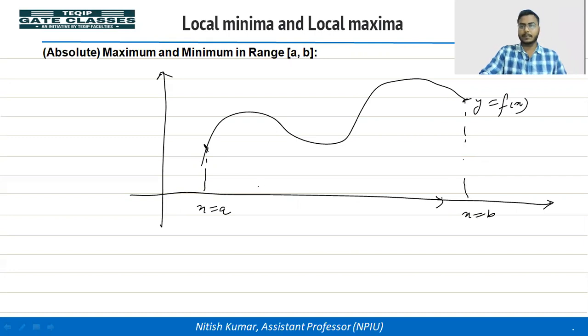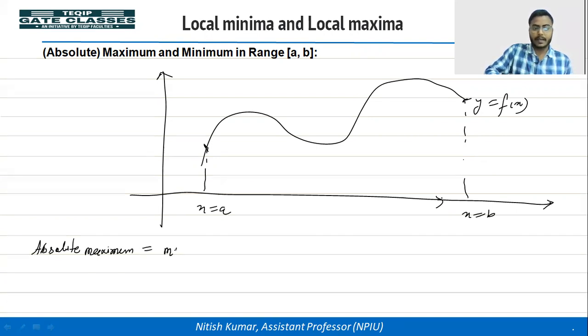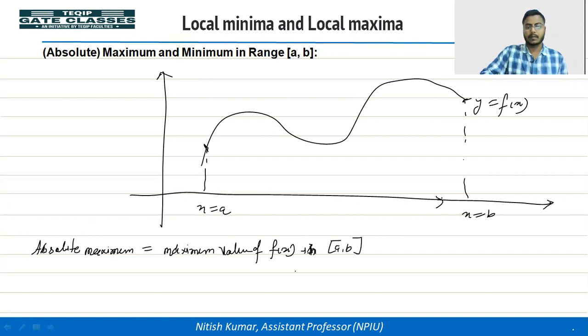Absolute maximum or minimum: absolute maximum means the maximum value of f(x) in the range a to b. Okay, in a to b.